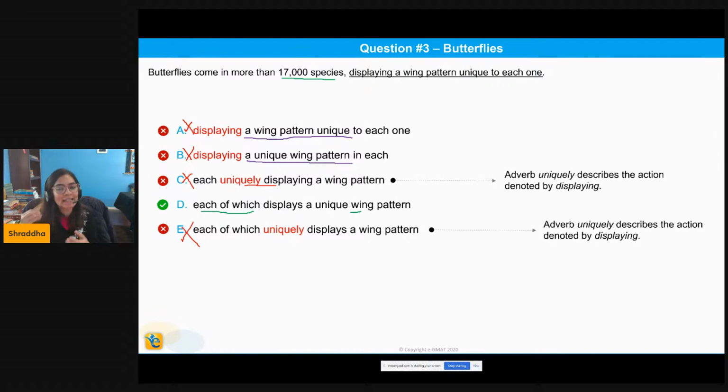All it is saying is that they have a wing pattern, but they display it uniquely. So you can take it any which way, the meaning is still incorrect, right? Each uniquely displaying a wing pattern. They may have their own wing pattern, but they display it uniquely, and that is not the intended meaning of the sentence. We want to specifically say that the wing pattern in each species is unique. Does that make sense?